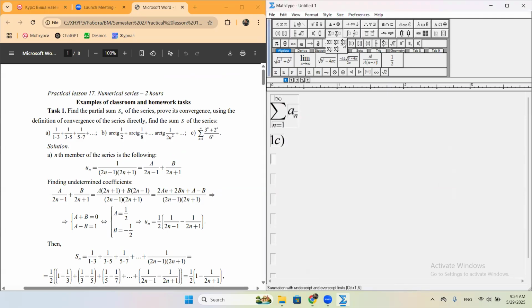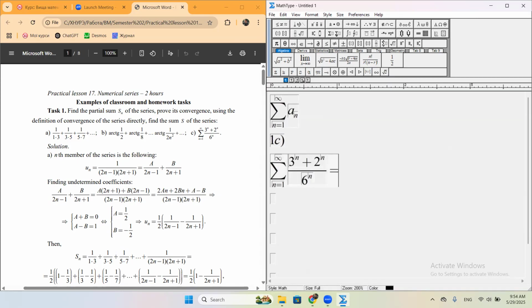So Control T, S. Okay, so n from 1 to infinity. And we have the following series: 3 in power of n plus 2 in power of n, divided by 6 in power of n.